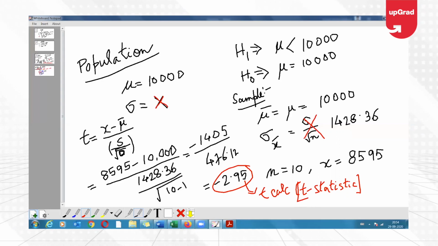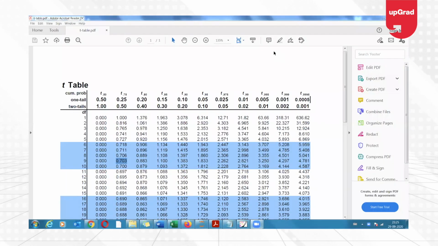Now let's find out something called a critical value. So here we have the t table. Since this is a one-tailed test, as you can see, this side is the degrees of freedom. So let's look at the critical value for a one-tailed test.